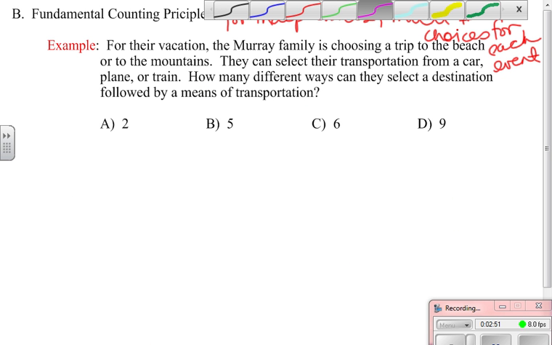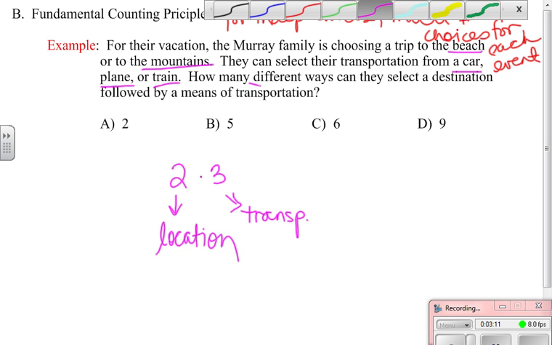So what is this? The Murray family is choosing a trip to the beach or to the mountains. 2 choices on location. They're going to get there by car, plane, or train. 3 choices for transportation. How many different ways?